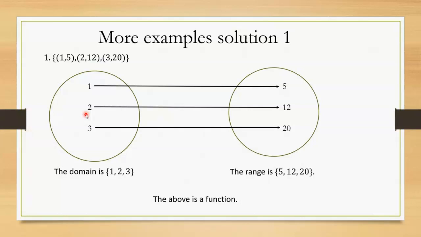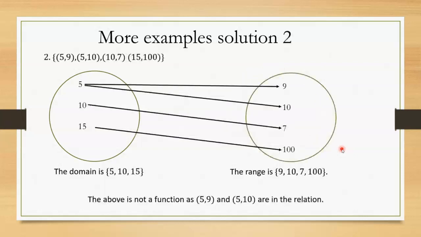Each domain element has only one element in the range. So that's what happens here. Each domain only has one element in the range. Okay, good, so this is a function.